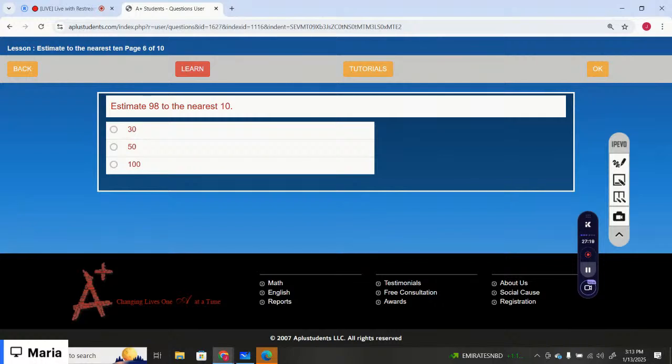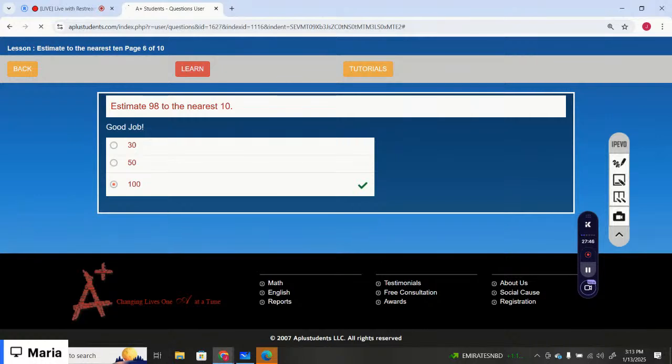Estimate 98 to nearest 10. So, which is the correct option? 98 is close to 100. So, the correct option is 100. Option number 3 is the correct option.